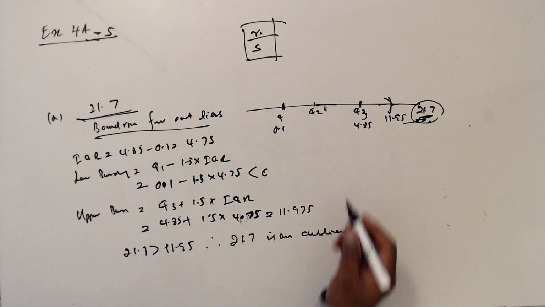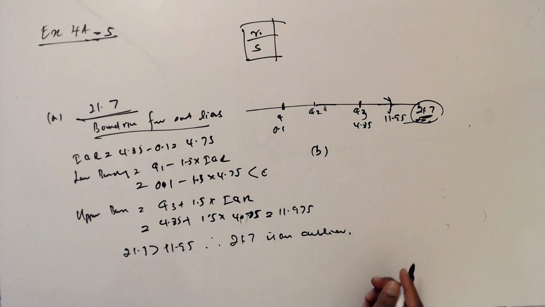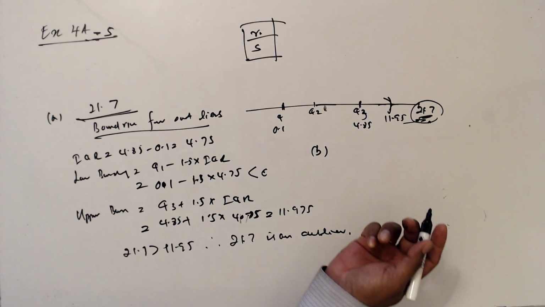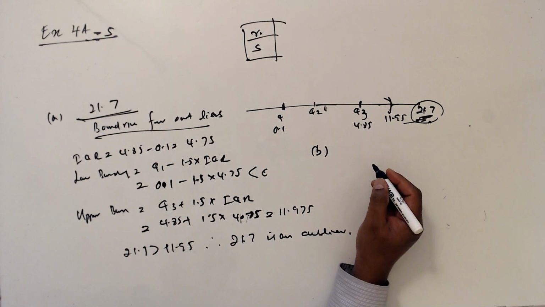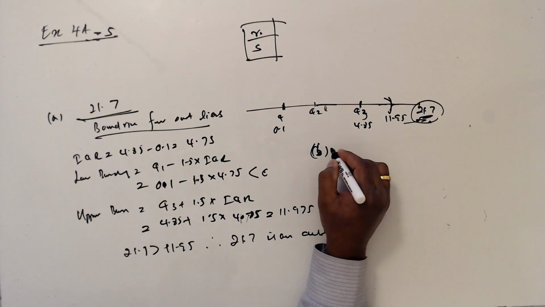Part B, give a reason why you might include this. Why do we need to include the outlier?